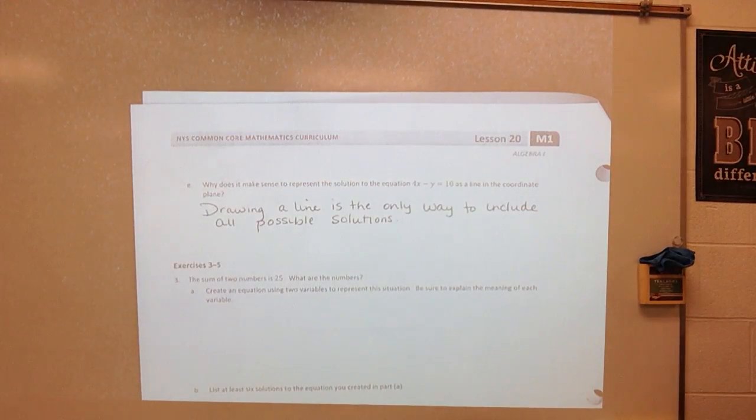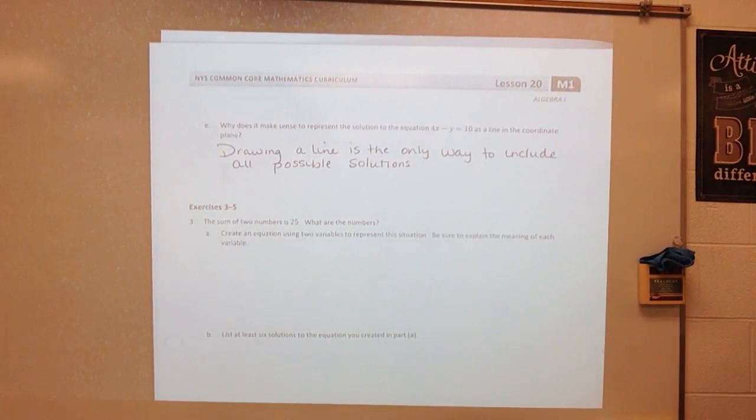And if you will notice, every solution that we would put on there that would be a true solution gives us a straight line.